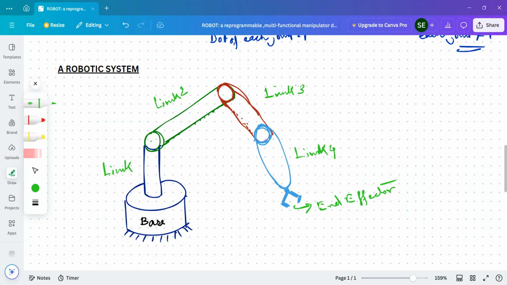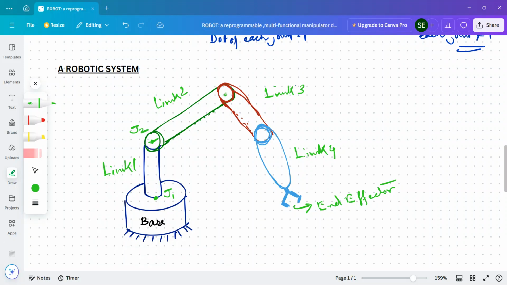So this is joint one, because this is also a link. This base is actually called link 0, and we will get to know about it when we study the DH matrix of the robot. This is link 0, this is link 1, and this is also a joint J1. This is the joint between link 1 and link 2, so this is J2.